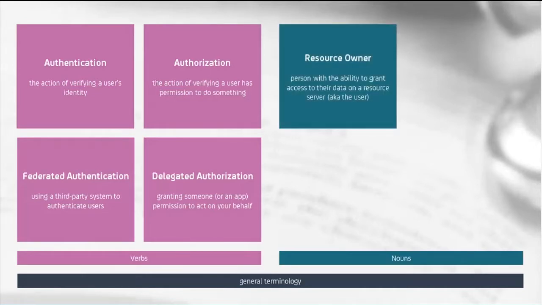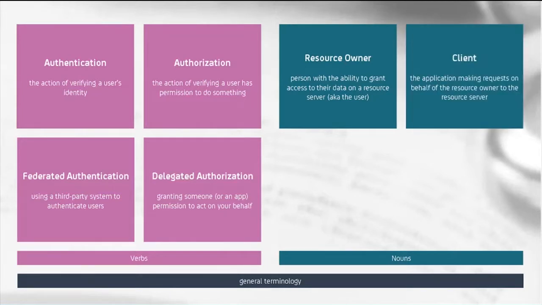From the nouns perspective, the resource owner within the OAuth specification and framework is the person who has the ability to grant access to a resource. So this is the user. You own the resources. If you have an app and you log in, you own the data, and you define what can be done, what can be visible, and what can be used by the third party.